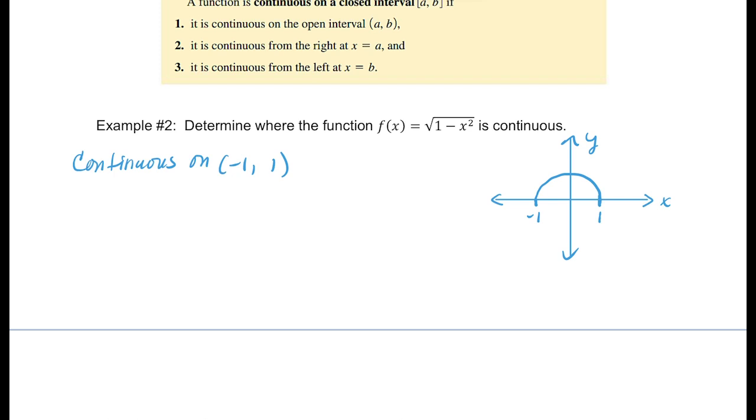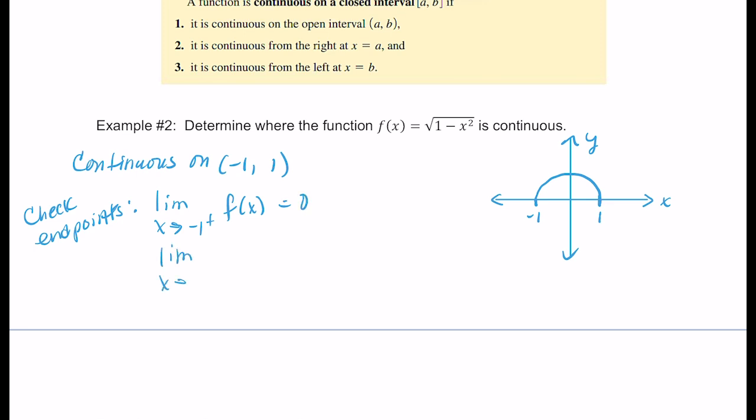Okay, but now I want to check the endpoints. First I want to check the limit as x approaches -1 from the right of f of x. As I approach -1 from the right, I can see that it equals 0.